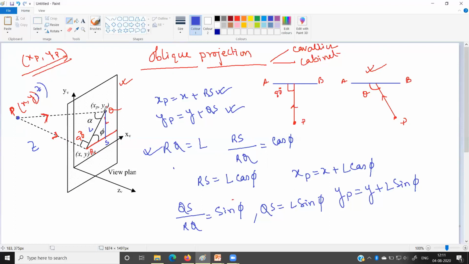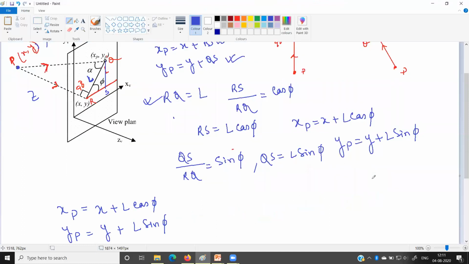This point P is projected on the xy plane, and it is traversing the distance z. So this length PR is z, not PQ. This length PR is z. Okay, we know this length QR is equal to L, but we don't know the value of L. That is a problem.